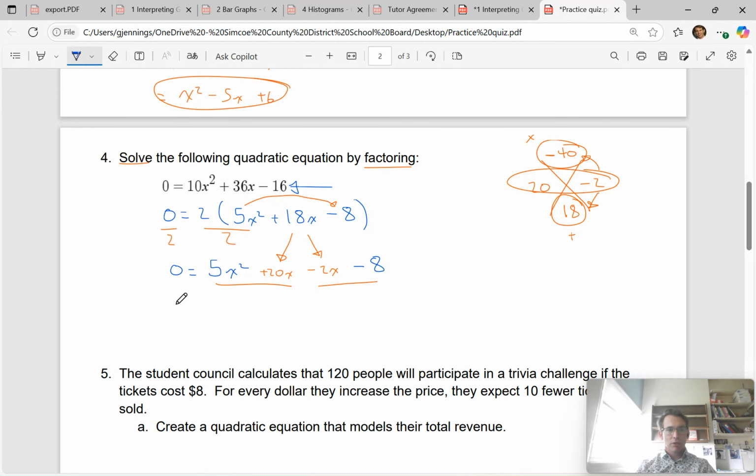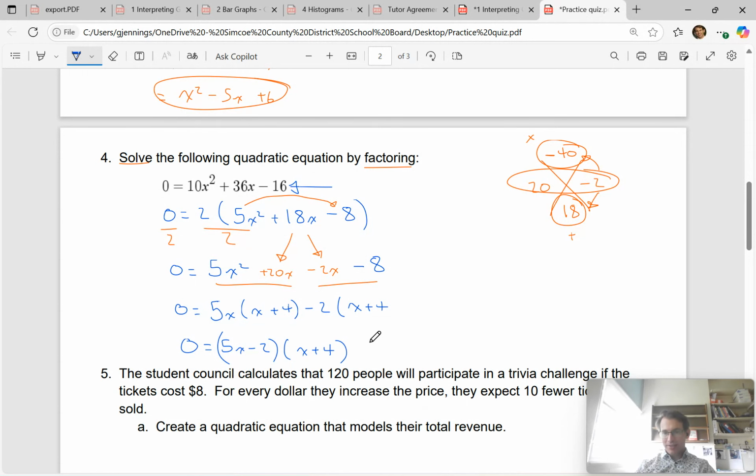Let's go. So we have 0 is equal to, here our greatest factor, now there is a number that's common, 5x multiplied by x plus 4. And then over here our greatest common factor is minus 2 multiplied by, again, x plus 4. So now we get this line, 0 is equal to 5x minus 2 multiplied by x plus 4.